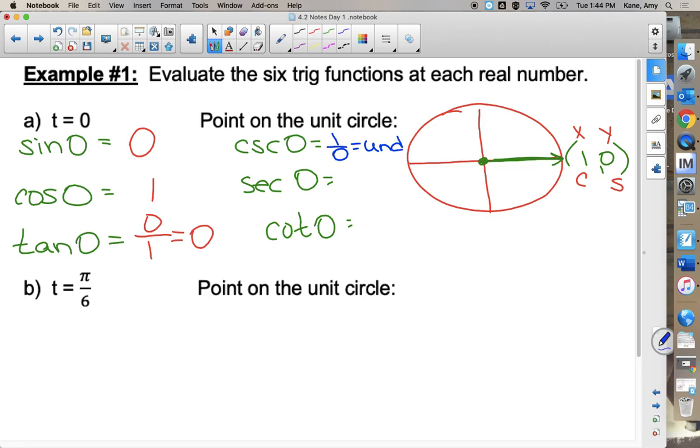That means the cosecant doesn't have a value for the angle 0. Jacob, what is the secant of 0? Because 1 over 1 is 1. And then how about the cotangent of 0? Yeah, because it's flipping to find the reciprocal. So if I have 0 over 1, I flip it to get the reciprocal. 1 over 0 is undefined. Questions?